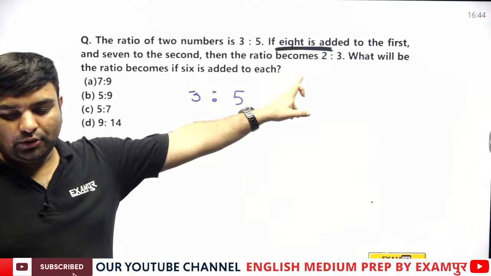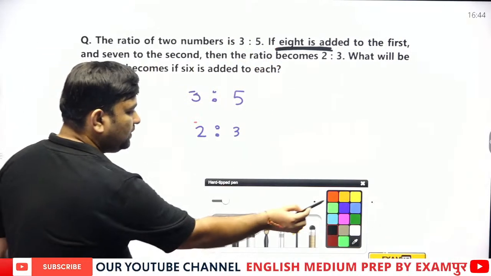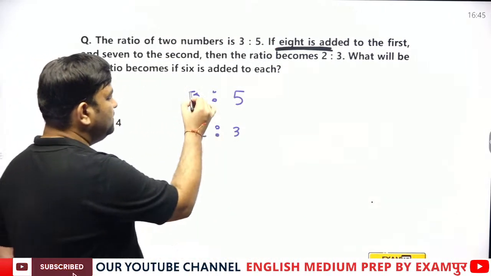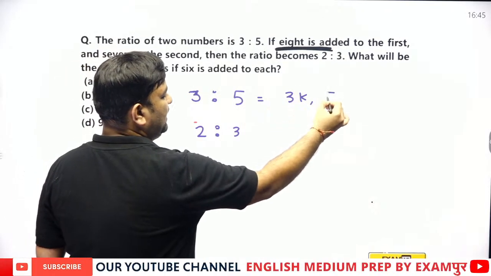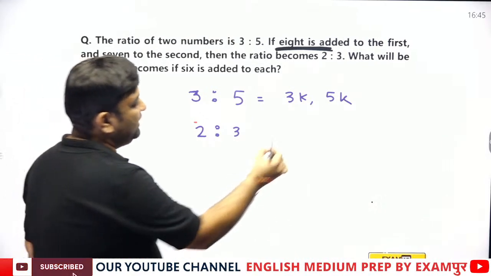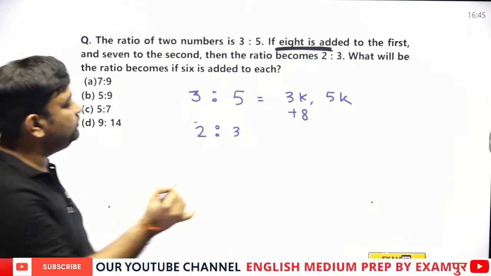8 is added to the first and 7 is added to the second. If different numbers are added, the only way is 3k and 5k. Add 8 to the first number and 7 to the second number.